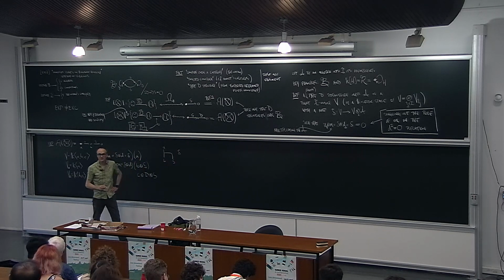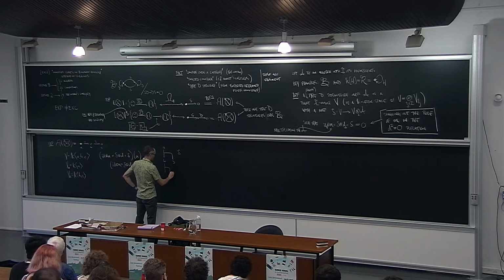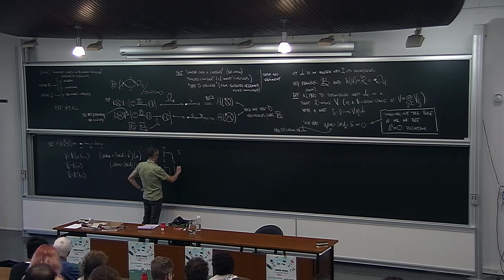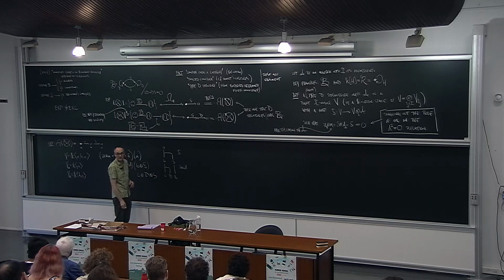So this is me applying del, but I have to tensor it with the identity because there's this copy of the algebra, right.